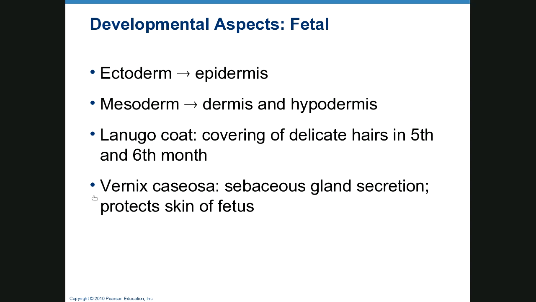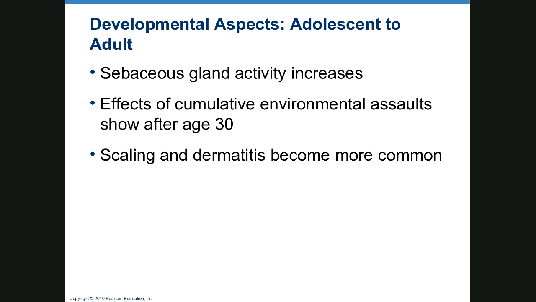The vernix caseosa is actually a sebaceous gland secretion. It protects the skin of the fetus because this baby's sitting in amniotic fluid for months and months and months. If you sit in the bathtub for an hour, your skin gets wrinkled and the moisture's gone out of it and it's a mess. Well, imagine what the baby's doing. And it's kind of greasy and slimy, and anyway.